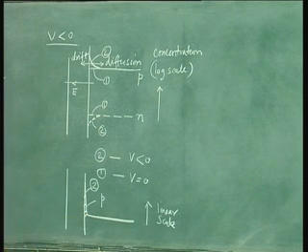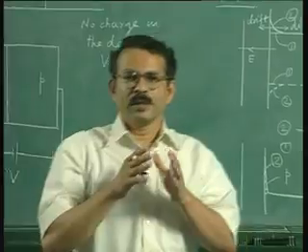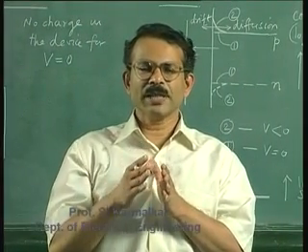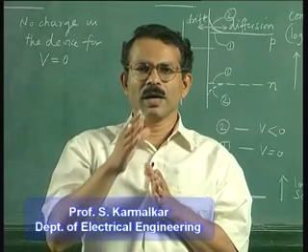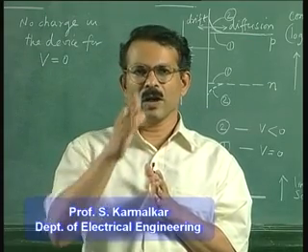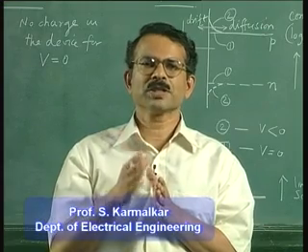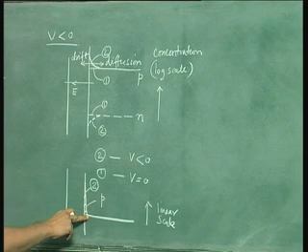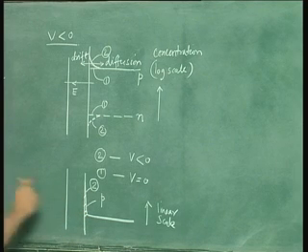This point was discussed even in the case of PN junction: the difference between the appearance of a logarithmic plot and the same function plotted on a linear scale. Now when you translate this information to a space charge picture, it would look like this.